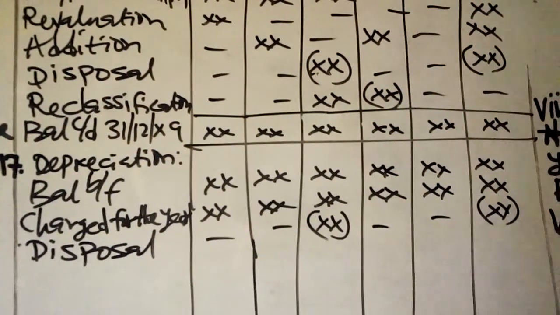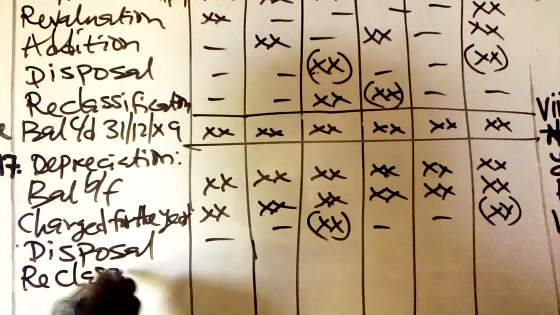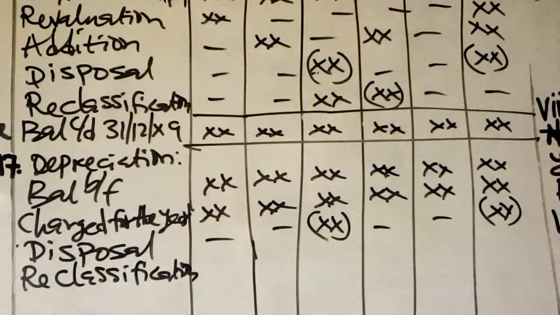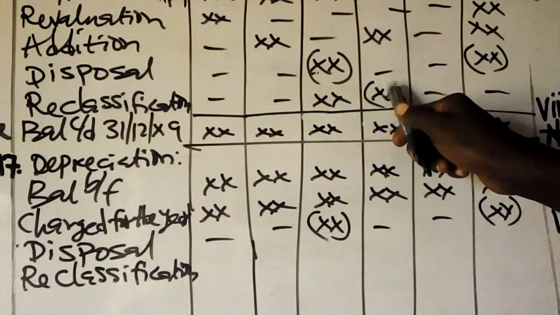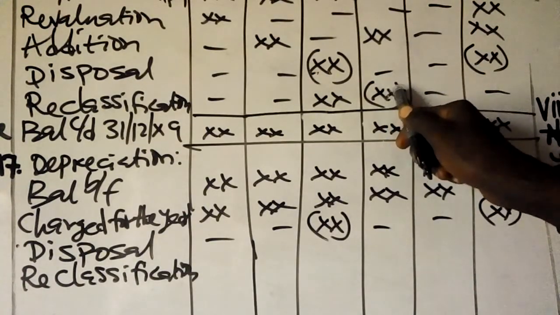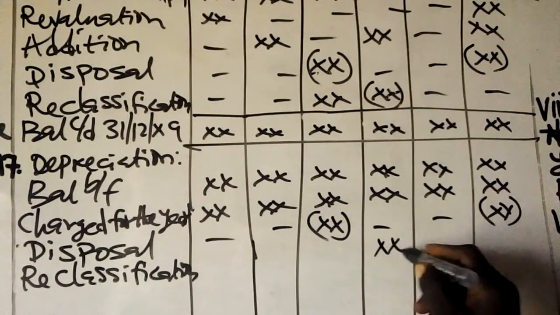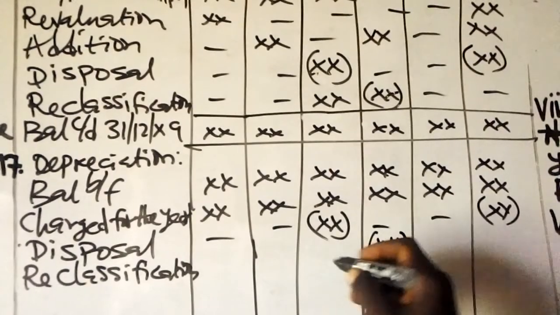Then we have reclassification. Remember, we reclassified plant and equipment. That means the depreciation has to leave that plant and equipment, and it is now reclassified as motor vehicle.